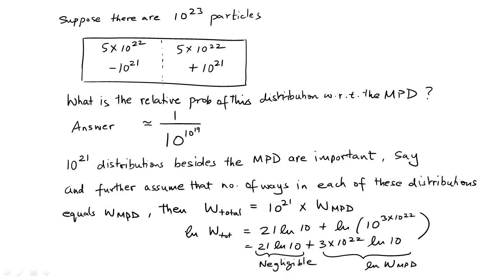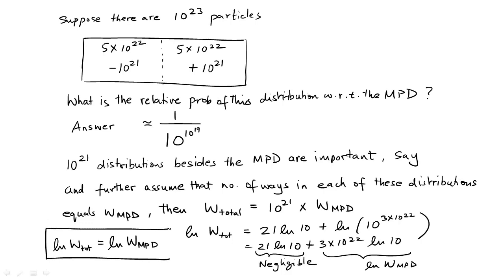So we see in this case with a large number of particles that the ln of the total number of ways is almost exactly the ln of the number of ways in the most probable distribution. This here in the box is the main result that I wanted to get across in this lecture.